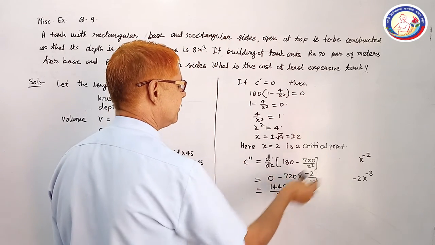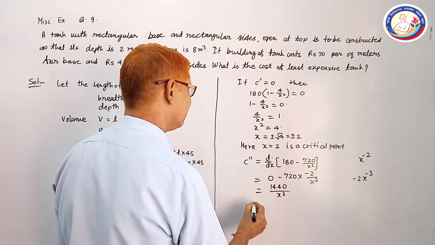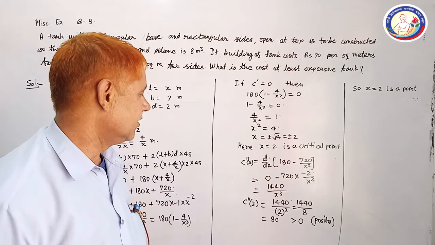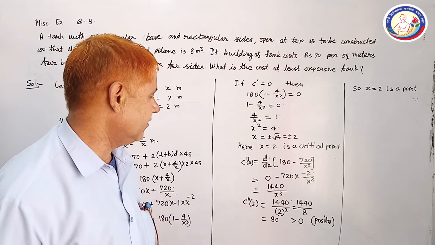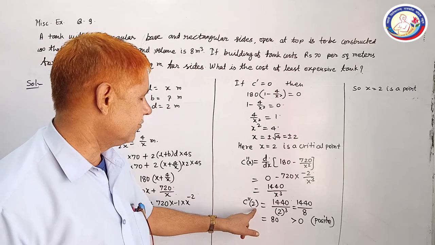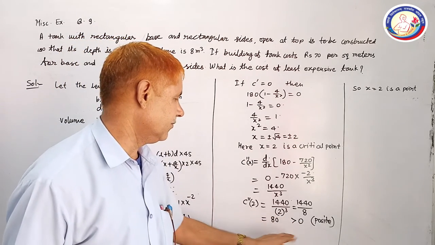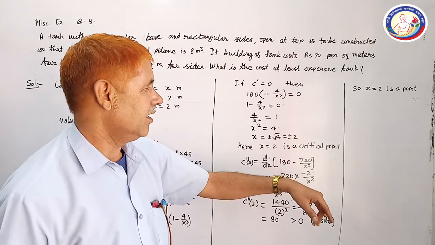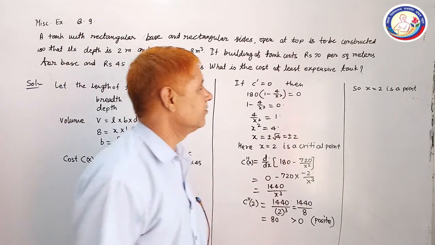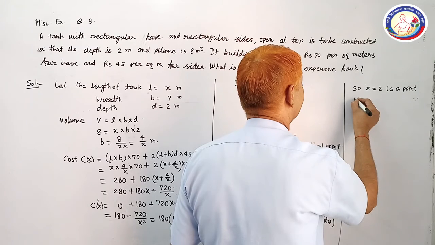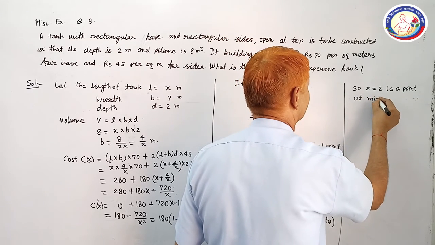And what is the value of this second derivative at x equal to 2? It is greater than 0. It means it is positive, and it is the condition for existence of a minimum. So x equal to 2 is a point of minimum value.